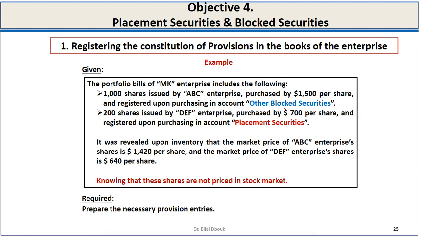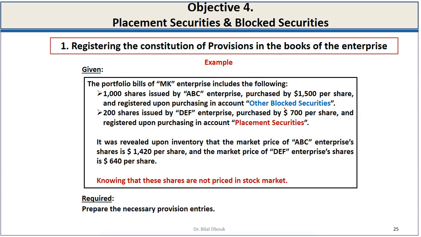How to register the provisions in the books of an enterprise that has blocked securities and placement securities at the same time. We have this example. The portfolio bills of MK Enterprise include the following: 1000 shares issued by ABC Enterprise, purchased at $1,500 per share and registered upon purchasing in account other blocked securities.